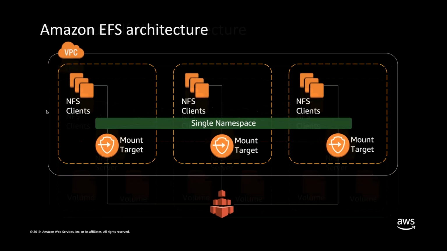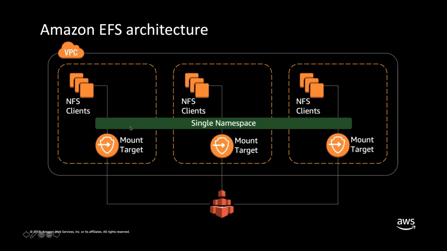But if you're using AWS EFS, you only have a single namespace wherein AWS manages the infrastructure for you. So you will just use it and mount it to any server you want.